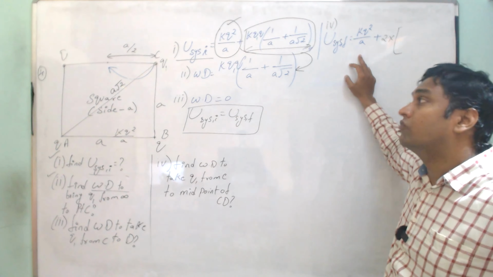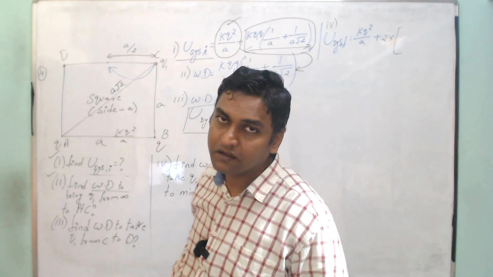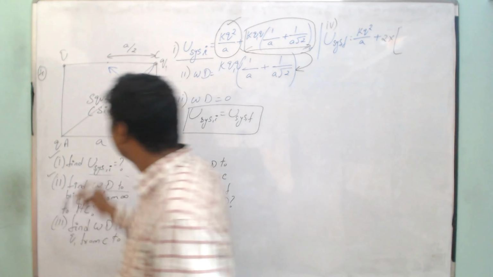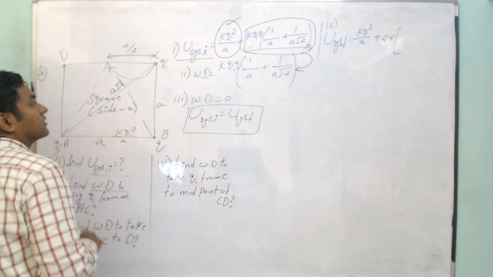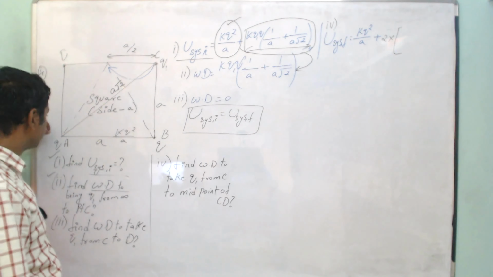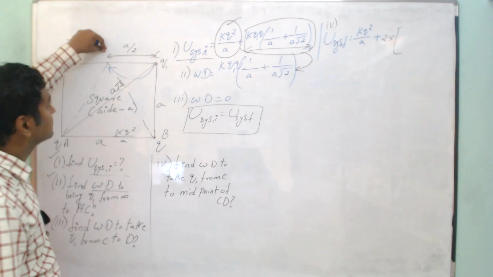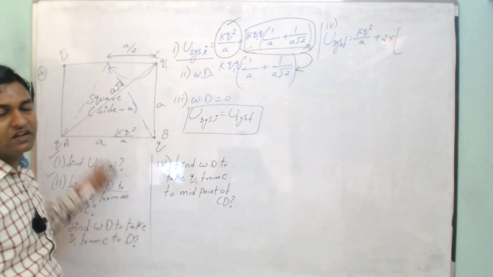What has changed is the position of Q1, right? The new position is actually symmetric from A and B. So potential energy due to A and Q1, and B and Q1, will have the same values due to symmetry.